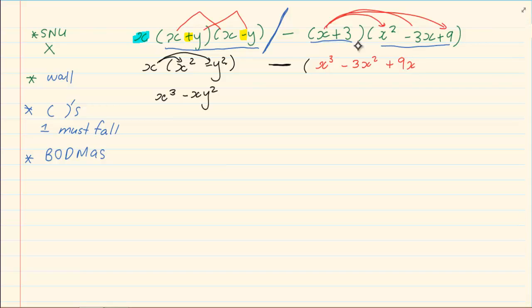And then we're going to do the same with the second term. Distribute it to every term in the second bracket. We get plus 3x squared minus 9x plus 27.